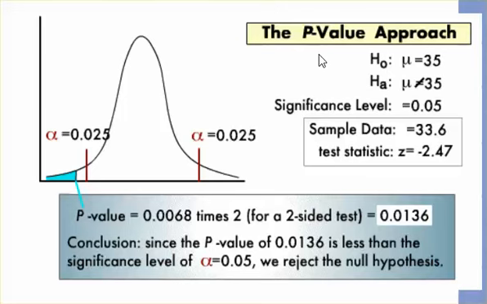Because when we do it in Excel, Excel is going to give the p-value to us. So we don't have to calculate the z-value, and we don't have to relate that to a standard normal distribution or to a t-distribution. We just look at what the p-value happens to be, and that's one of the reasons why I focus on the p-value.